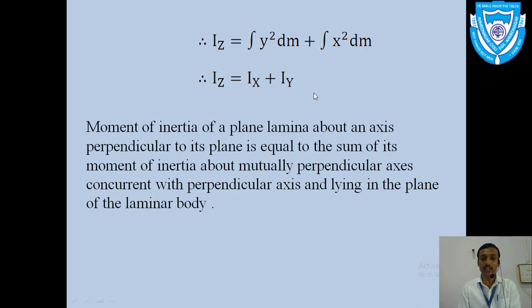It's moment of inertia about two mutually perpendicular axes concurrent with perpendicular axis and lying in the plane of laminar body. म्हणजे या दोघांचा जो सम आहे, दोघांचा म्हणजे Ix आणि Iy, x axis आणि y axis प्लेन ऑफ द बॉडी मध्ये आहेत, इन द प्लेन ऑफ द बॉडी, and z axis is perpendicular but three should be concurrent. So theorem of perpendicular axis घेतलाय.